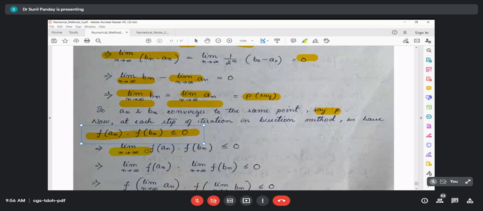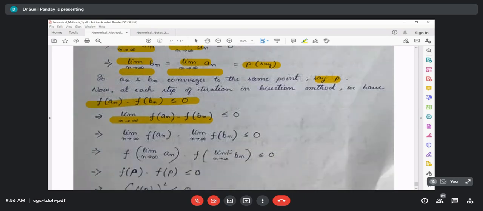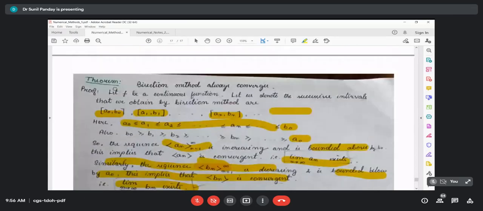Now you take the limit. If I take the limit, I will get this: limit n tends to infinity, f(a_n) times f(b_n) is less than or equal to 0. Now, f is a continuous function, which is already assumed in the statement of the theorem.